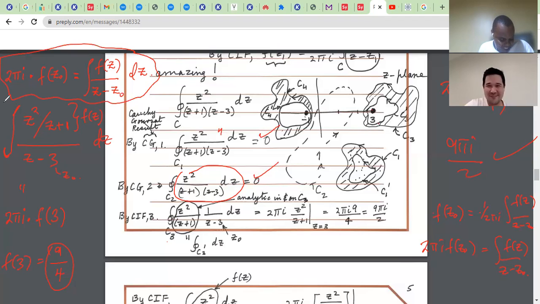In my notes, I first calculate what we call a residue at a simple pole, then I take 2 pi I and sum all the residues. But in his case, he's taking 2 pi I and then just taking the function at that simple pole. Okay, that's nice.